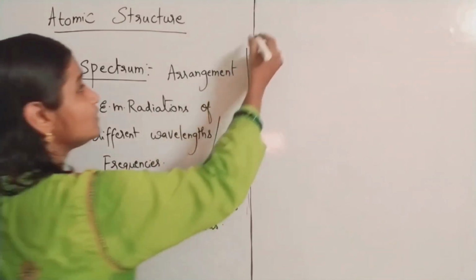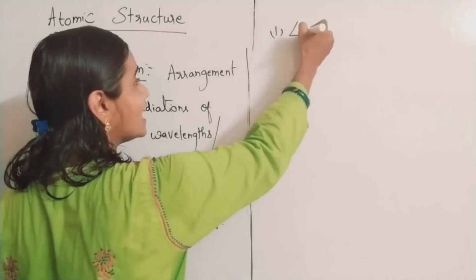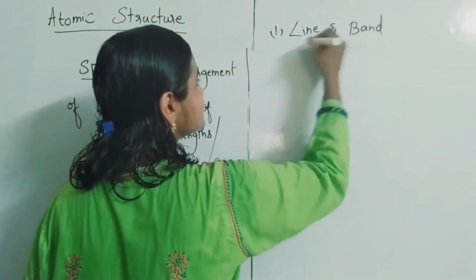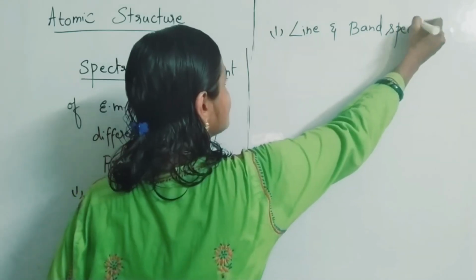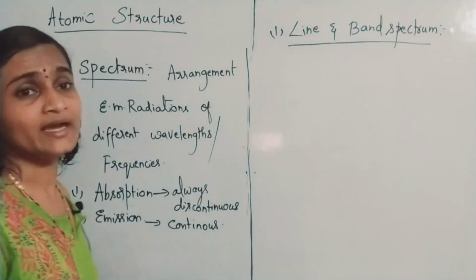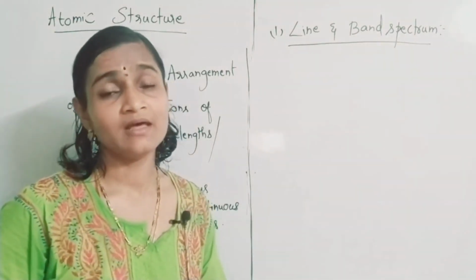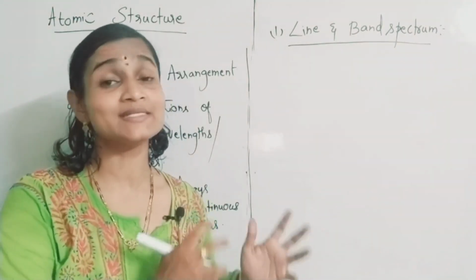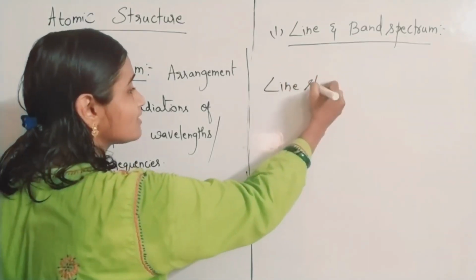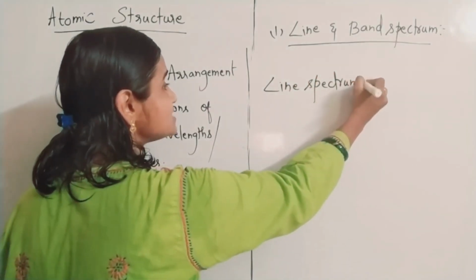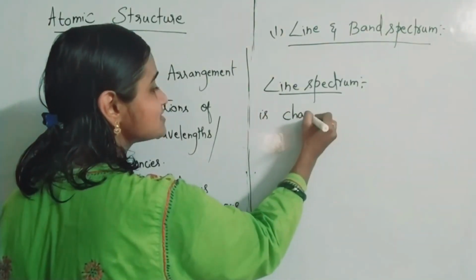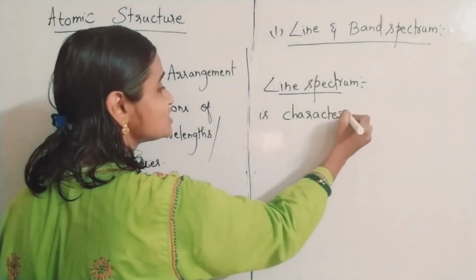Another classification is line and band spectrum. Line spectrum is characteristic of atoms. That means if the heated source of light is in atomic state, the spectrum so obtained is called a line spectrum. Line spectrum is characteristic of atoms, whereas band spectrum is characteristic of molecules.